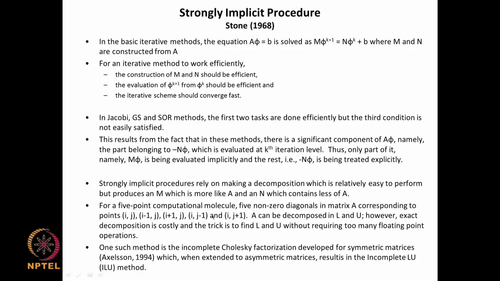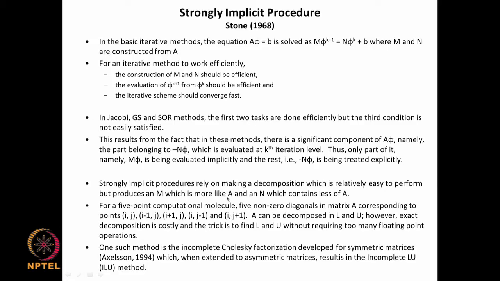If you take a 5-point computational molecule, you have 5 non-zero diagonals of matrix A corresponding to points i,j, which is the diagonal, i-1,j, the one below the diagonal, i+1,j, which is the one above the diagonal, i,j-1, which lies below i-1,j with some zeros in between, and then i,j+1, which lies above this i+1,j with some zeros in between.